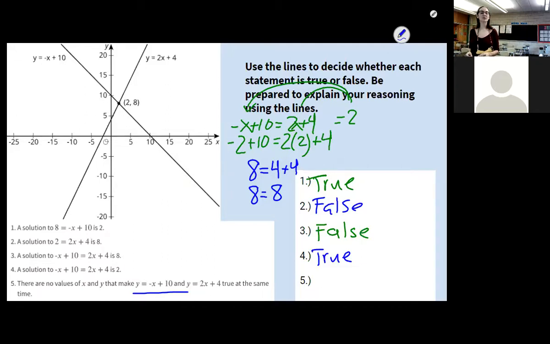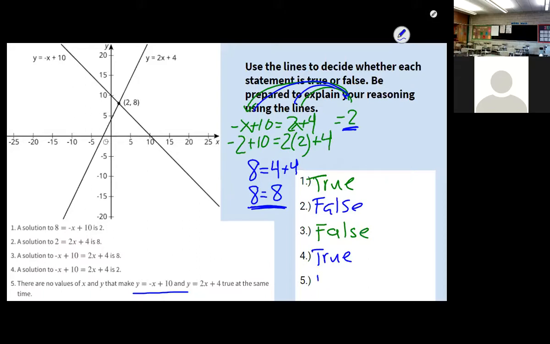Number 5. Nice job, Ian. Well, we just found that if I had 2 and I plugged it into both of these equations, John, it made a true statement. So that means there's at least 1 point there. Awesome job, Ian. He said because there is an intersection point.